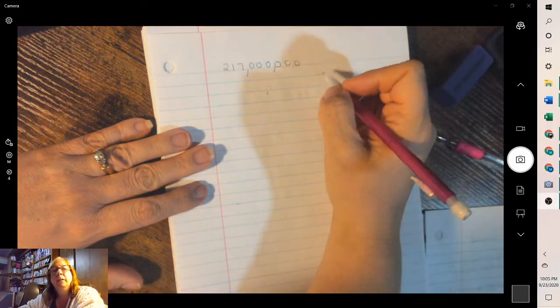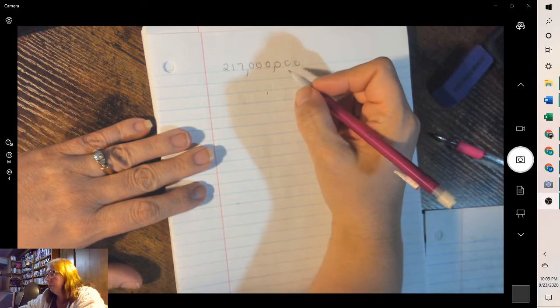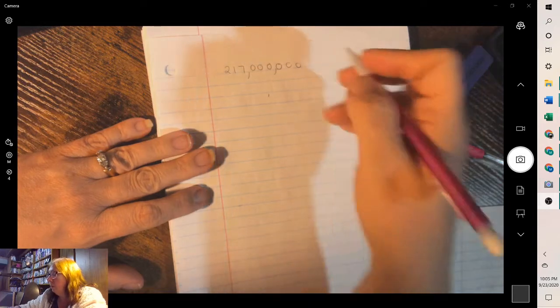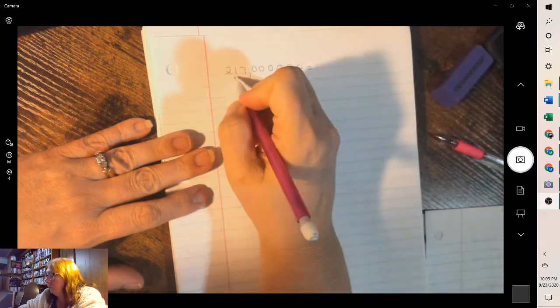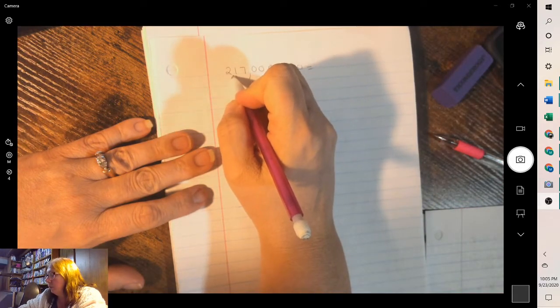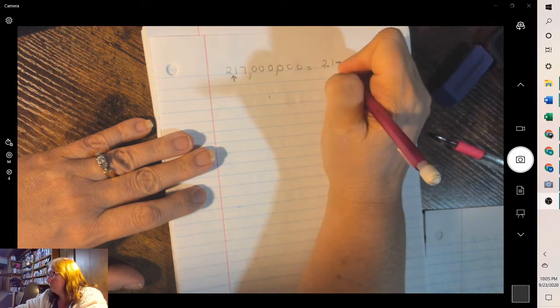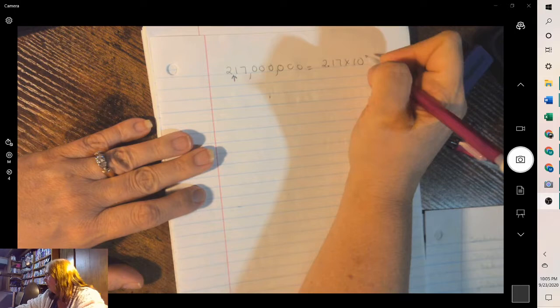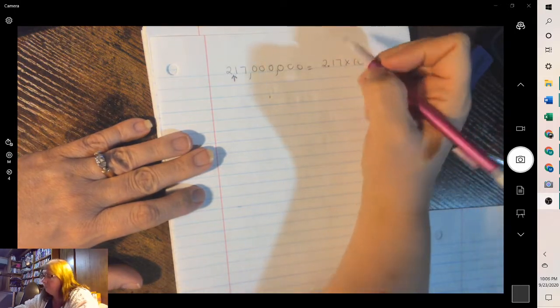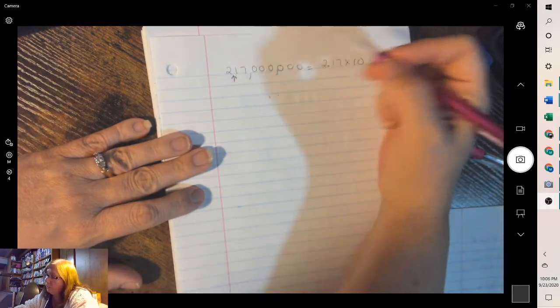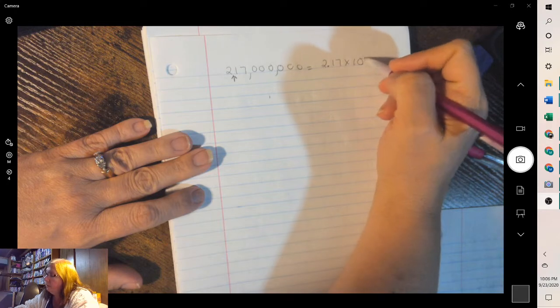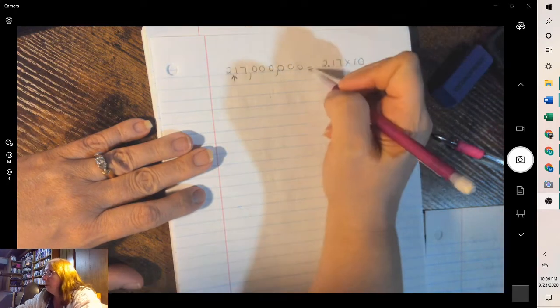So if we look at 217 million, to make it in scientific notation, we need to move the decimal here. So we have 2.17 times 10. Now we need to know what the exponent's going to be.